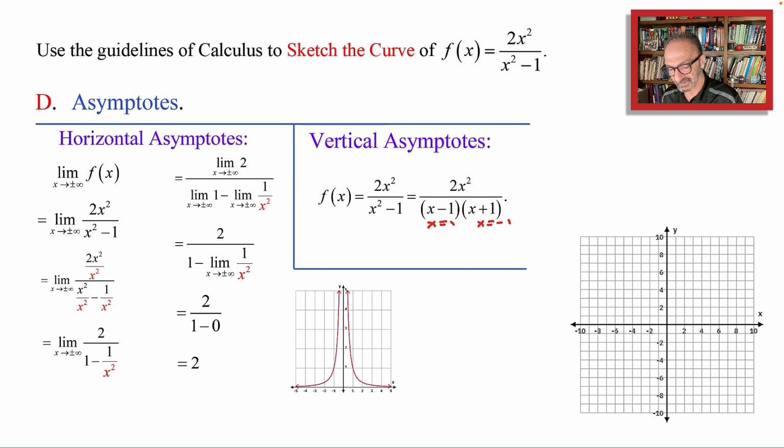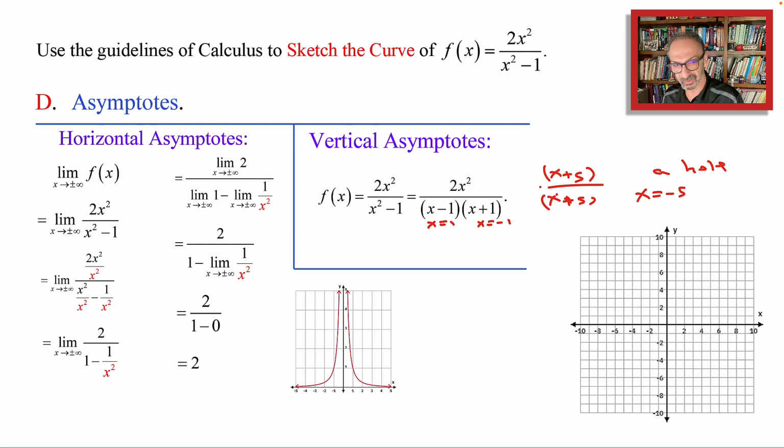Now if you have a denominator that has x plus 5 and a numerator that has x plus 5, that is not the same as vertical asymptotes. This will be x equals negative 5, a hole in the graph. That's something else. It's not part of this problem, but it's good to know.